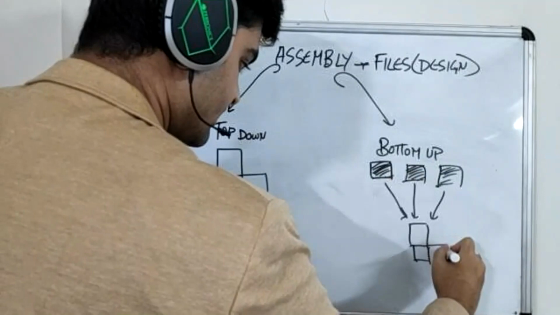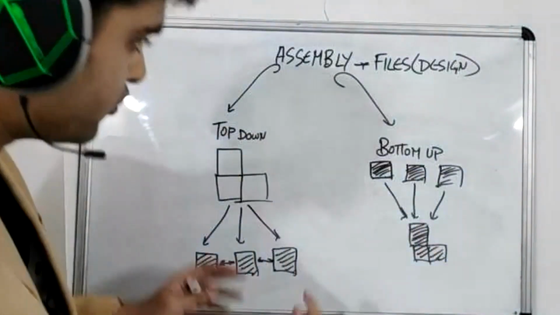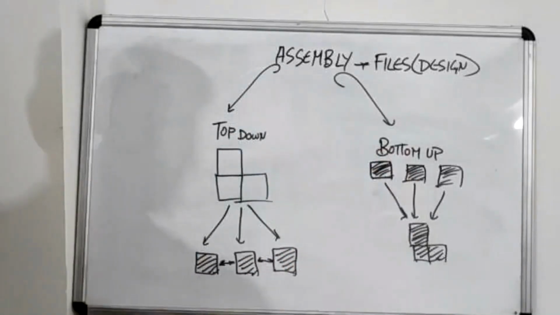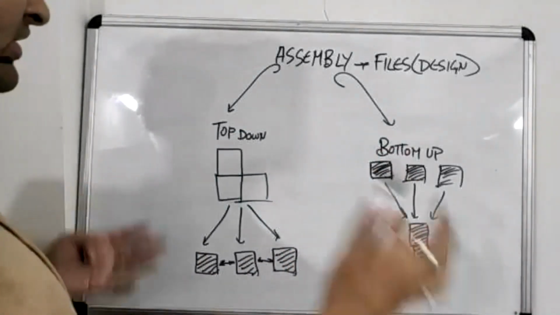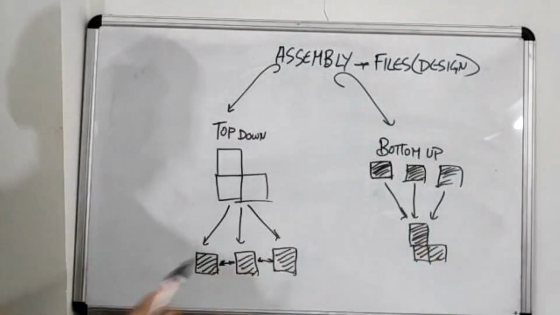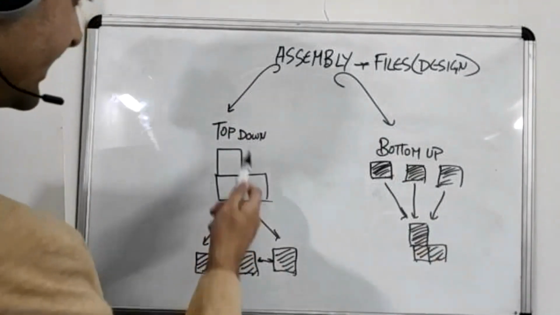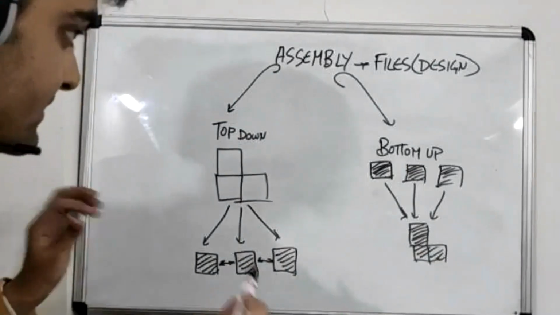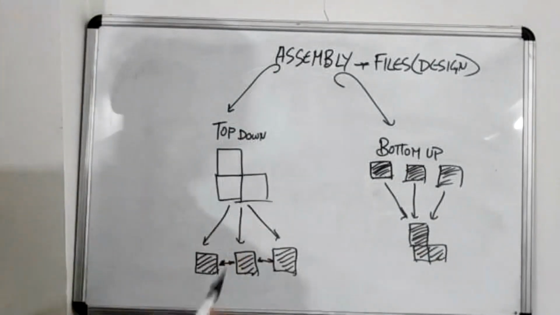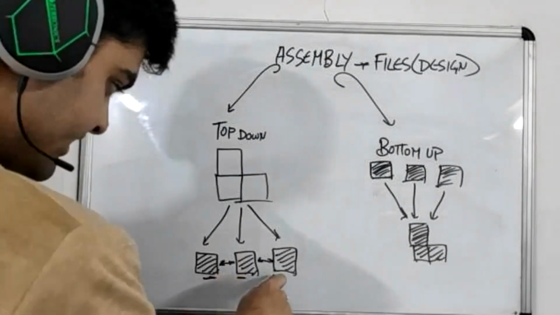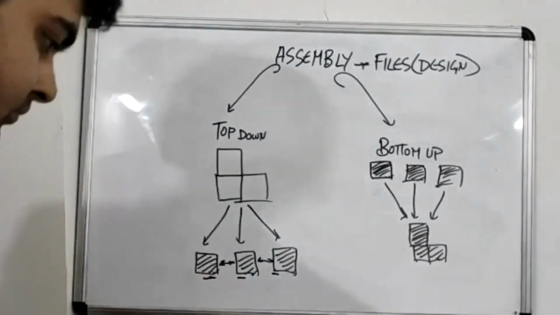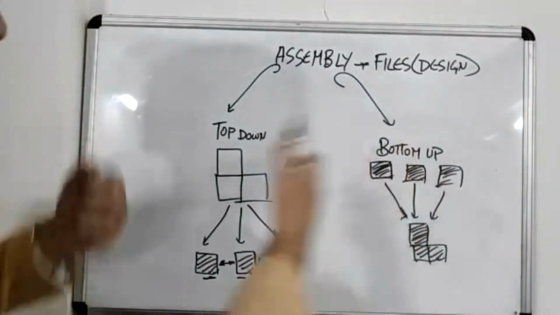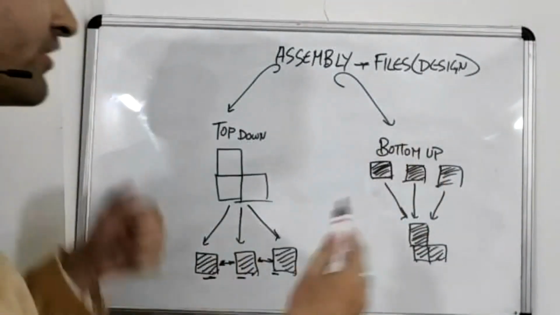Now you may wonder, when should I use the top-down approach or the bottom-up approach? Well, in truth, they both have their advantages and disadvantages. The biggest advantage of the top-down approach is that meticulous planning isn't required. Since you are modeling all these components in reference to each other, you don't need an exact idea of how everything fits together because you can do so within this empty assembly.